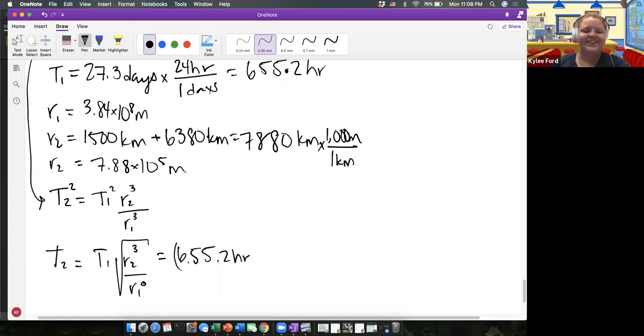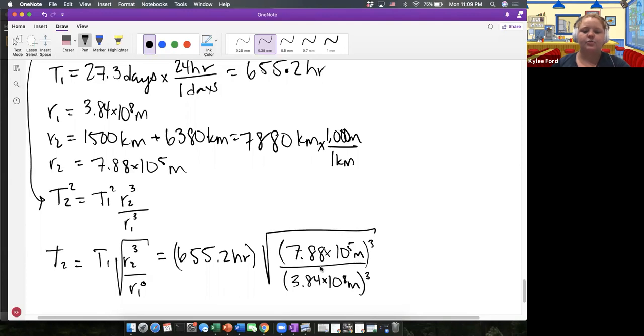Okay, so there's my first period. And then I have my R2, which is 7.88 times 10 to the 5th meters cubed, divided by R1, which is 3.84 times 10 to the 8th meters cubed, and that is in a square root.